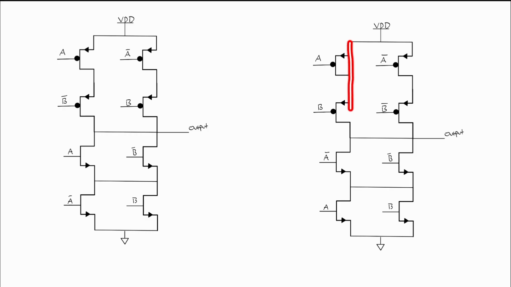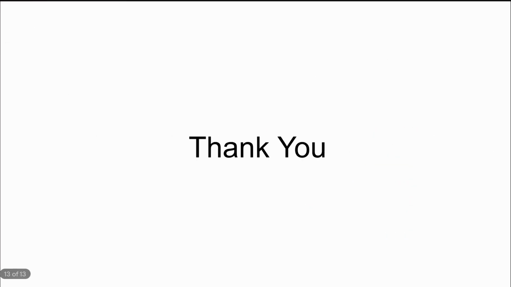So this XNOR gate has a very similar behavior. If both the inputs are the same, so 0, 0 or 1, 1, the output will be tied to VDD or logic 1. And if the two inputs are not equal, the diagonal NMOS pull-down network will pull it to 0 volts. Thank you.